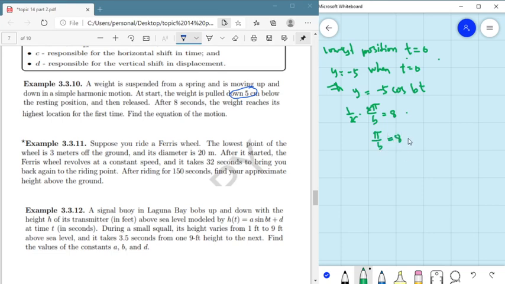By cross multiplication, we have 8b equals pi, or b is equal to pi over 8. Since b is pi over 8, we simply substitute our b here with pi over 8. That's why we can create an equation which is y equals -5 cosine of pi t over 8. So that would be the required equation.